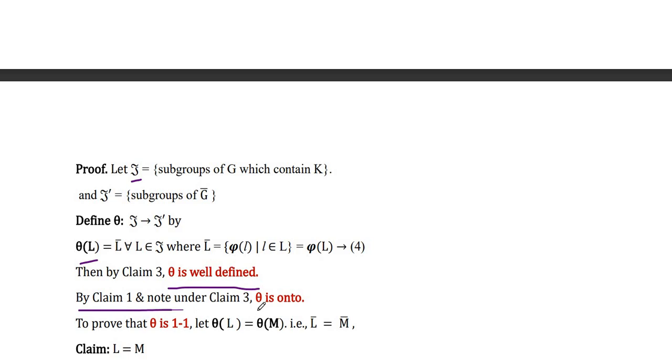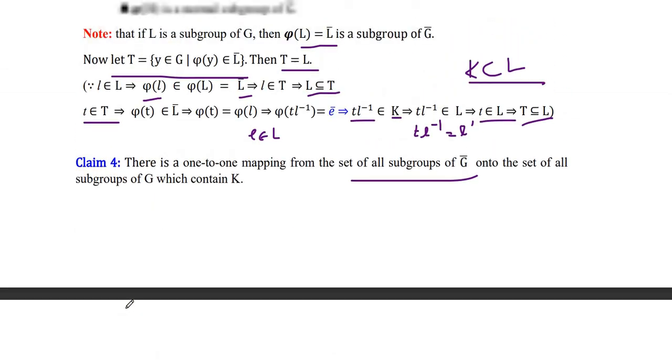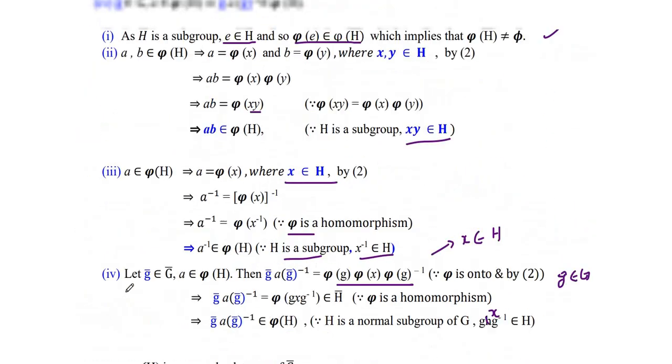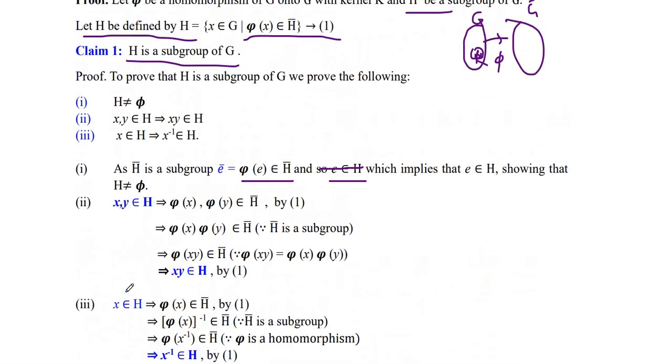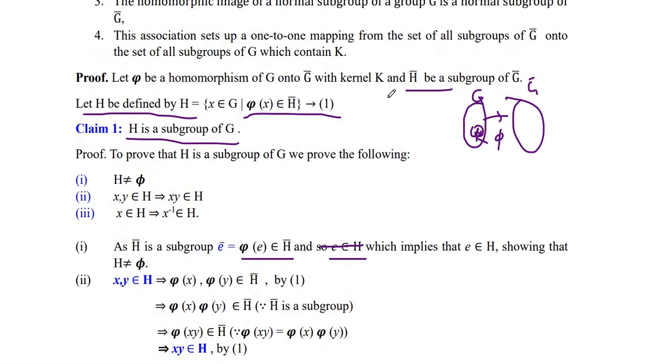So for onto, we'll have to go to claim 1 and note under claim 3. Claim 1 is this, that whenever I have a subgroup in the codomain, I can always find one H for that, which is defined in terms of this, and then this H will be a subgroup.